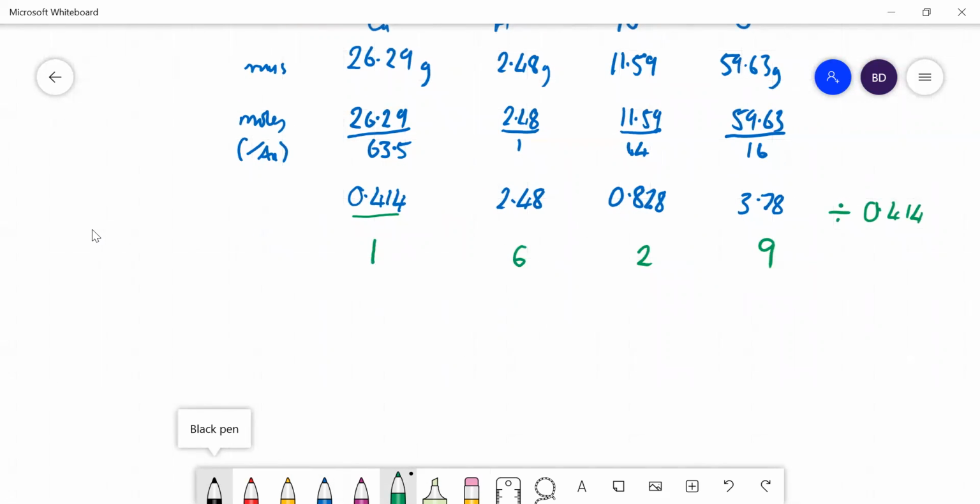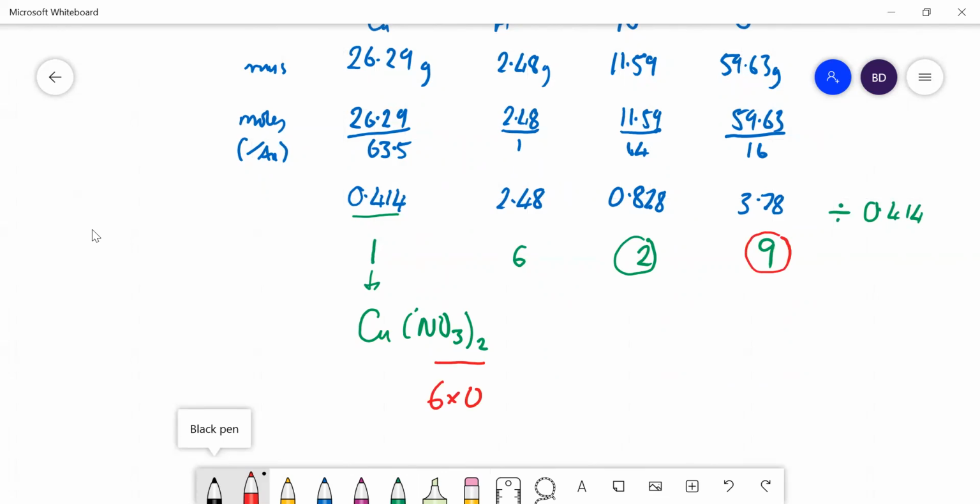Right, so we've got copper nitrate. So that's 1 copper. Now we've got our 2 nitrogens, that's accounting for 6 oxygens, 2 times 3. So that means we have got 3 oxygens left over because we had 9 oxygens.